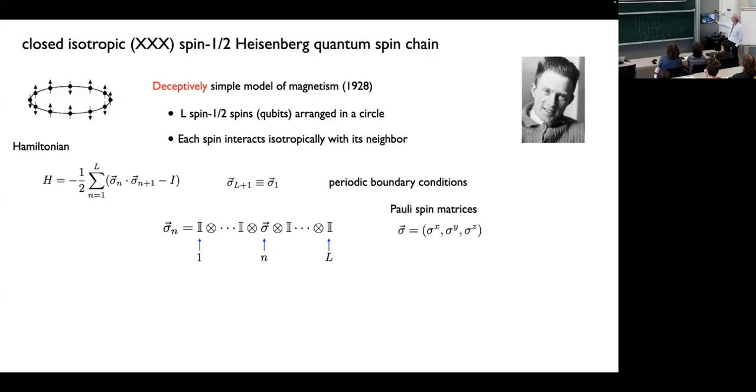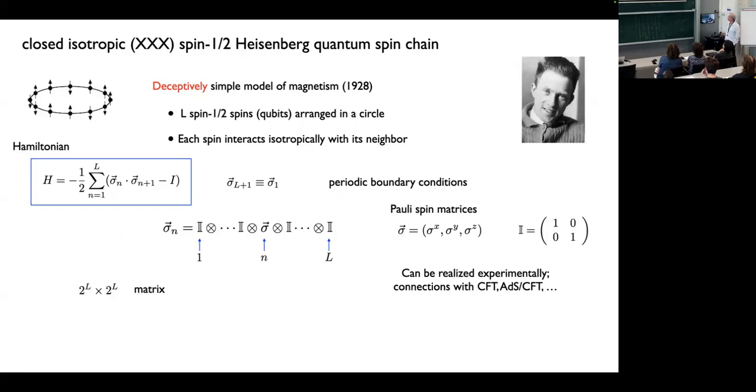These are the three Pauli matrices, and this boldface 1 is the 2x2 identity matrix. This dot here means sigma n j times sigma n+1 j, where j runs from 1 to 3, and I sum. So this is a 2^L by 2^L matrix.